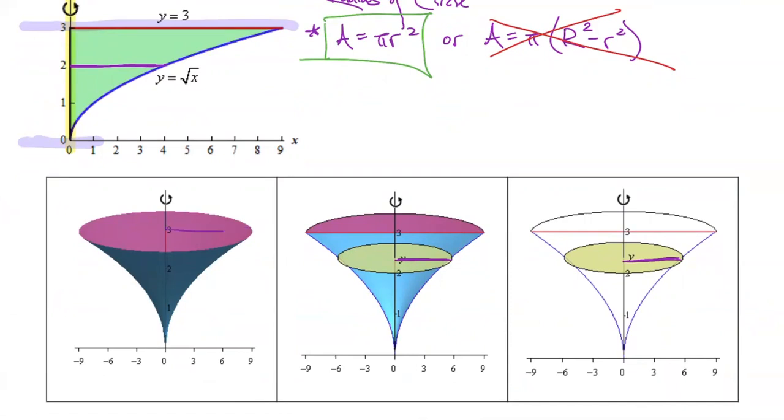The very, very top circle, at y=3, what is the radius? All right, at y=3, the radius is 9. At y=2, what is the radius?